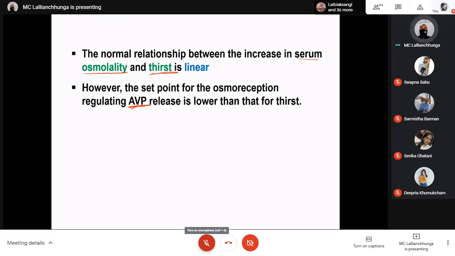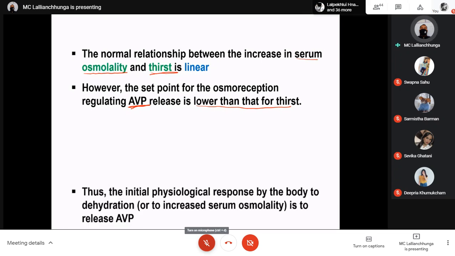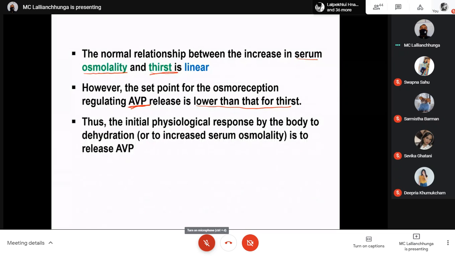So this is a very important point I've already told you. The set point for osmoreception regulating AVP release is lower than that of thirst. It means even before you feel thirsty, your body may already be subjected to dehydration.